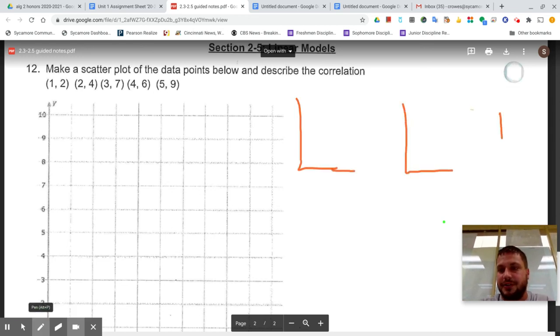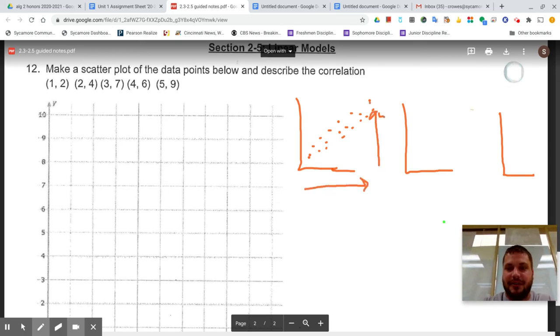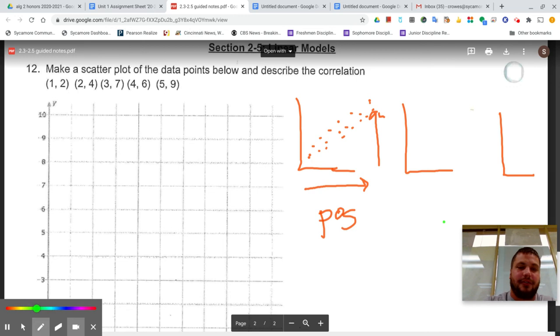3 types of correlation. If as x gets bigger, y gets bigger, see how as my x values are getting bigger, my y values are getting bigger? This is positive correlation. It's going up and to the right. It can also be thought of as looking as if it has positive slope.